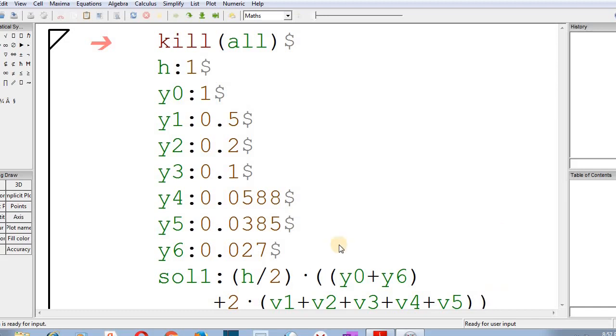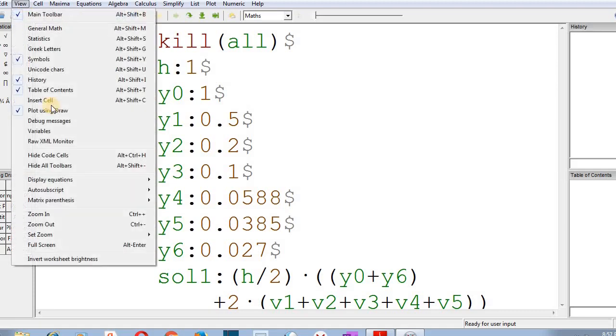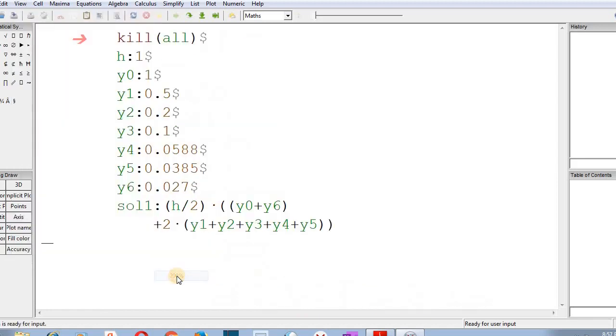Let me make this a little smaller. y5 is there, right? Make it one dollar symbol. Check it out. This is what we have written for the trapezoidal rule. y0, y6 are here. The remaining values y1, y2, y3, y4, y5 are taken in the other bracket. So this is the trapezoidal rule.